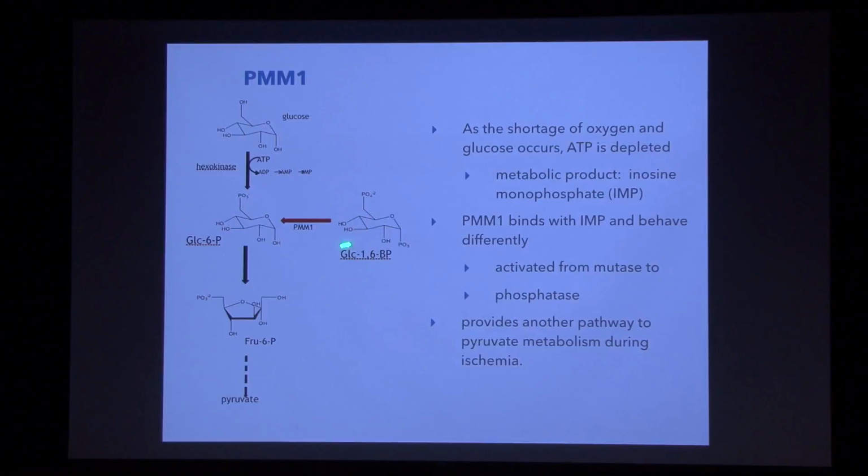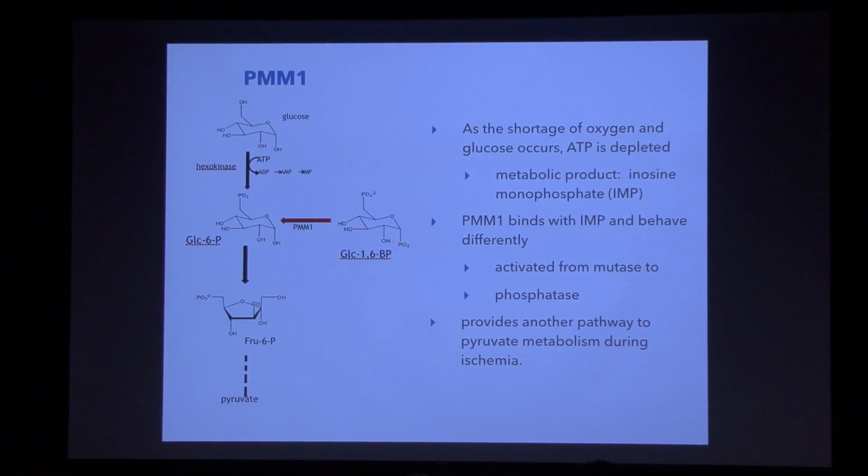So if you look at here, there's glucose 1,6-bisphosphate, so there are two phosphate groups. And after PMM1 binds with IMP and is activated to a phosphatase, it removes one of the phosphate groups and turns it into glucose 6-phosphate, and this is part of the pyruvate metabolism.